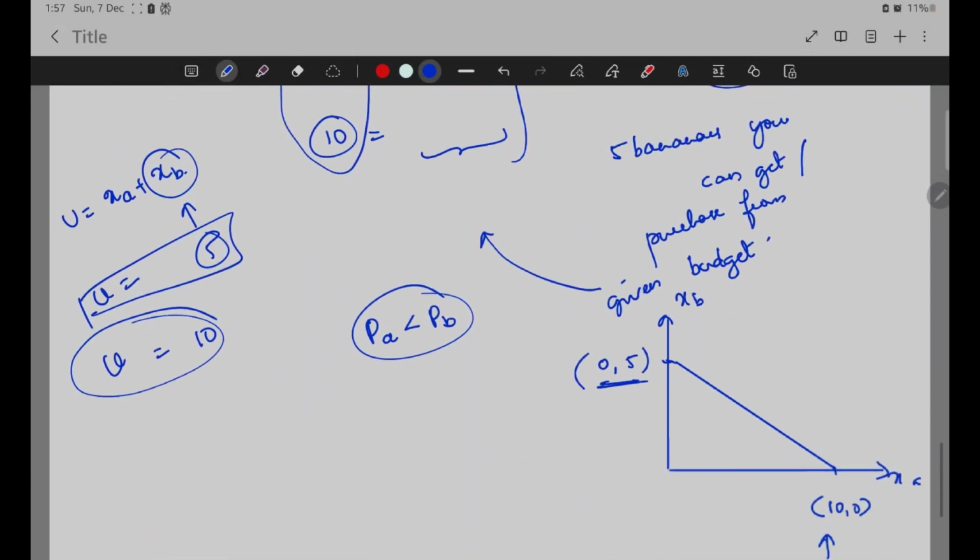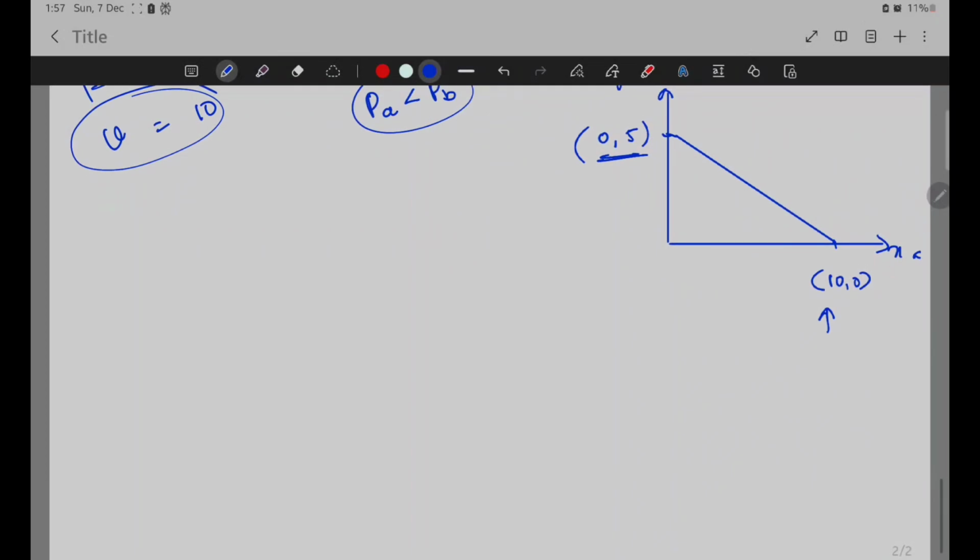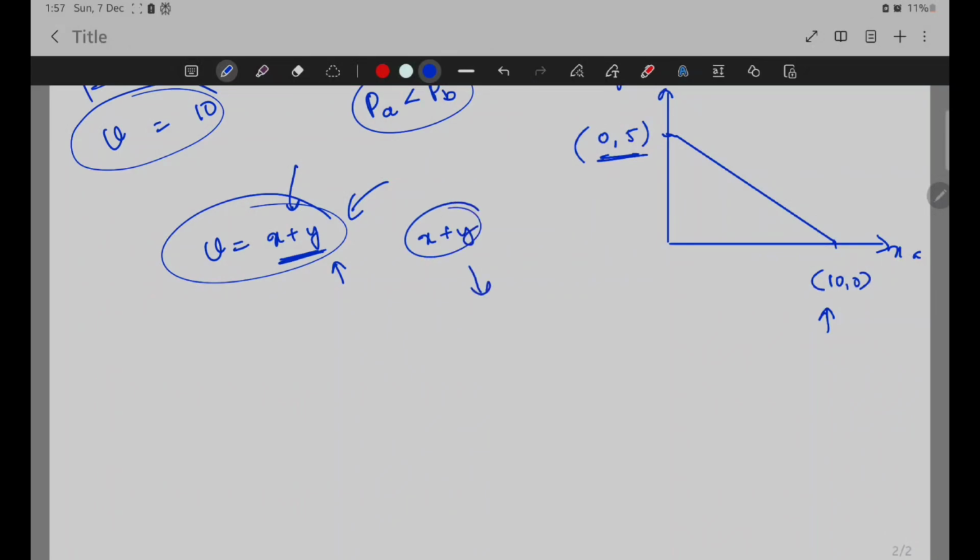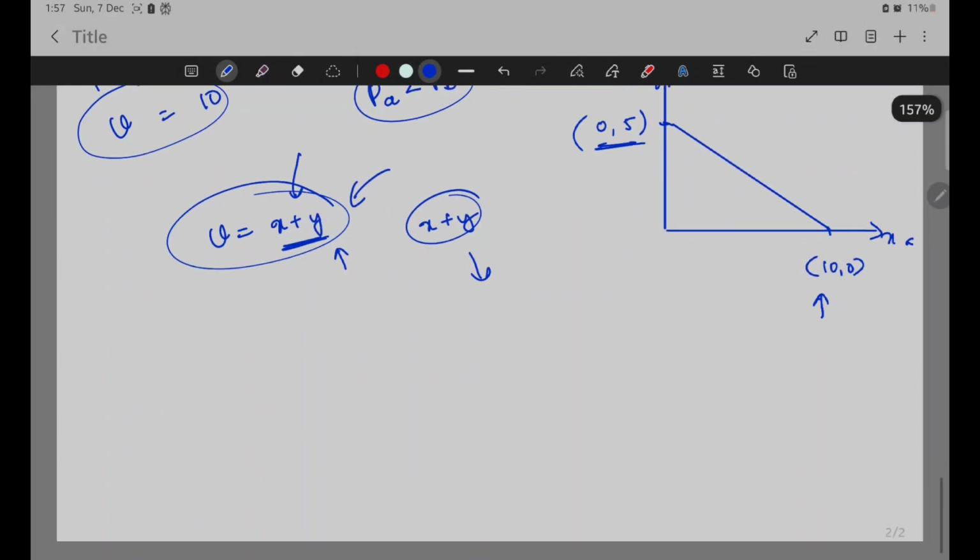So indifference curves are curves that have common utility, or the same utility. And how are you getting that? This is the trick here. You are consuming x and y in such a way that it will give you the same utility. So there are different types of utility curves.